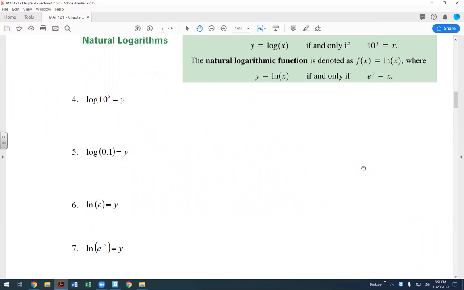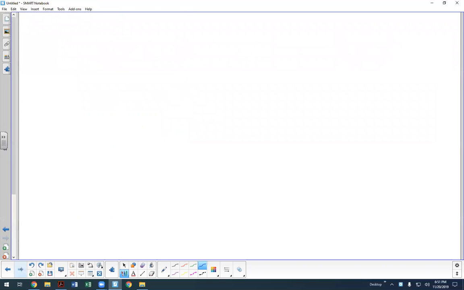So let's start with number 4. We are given log of 10 to the 6th equals y. Please remember, when no base is mentioned, that means it's base 10. So that's our assumed base 10.